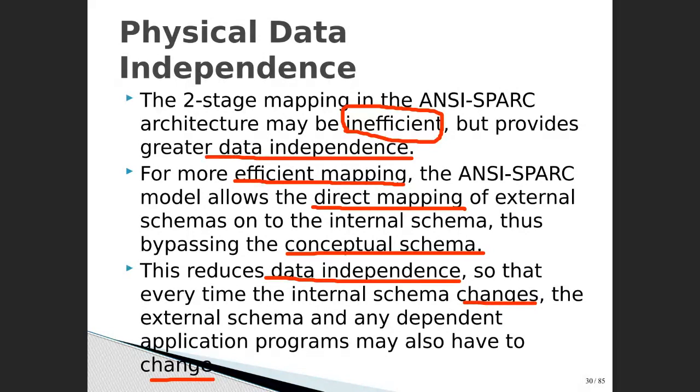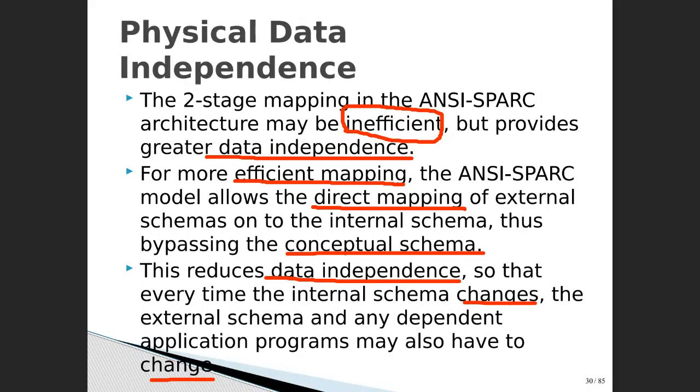Okay, so time is up already, but here it's just if the database management system needs more efficient mapping, it can be by direct mapping between the external and the internal, without having it map with a conceptual schema.